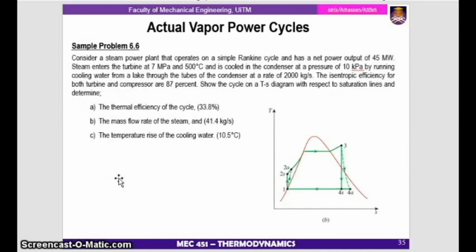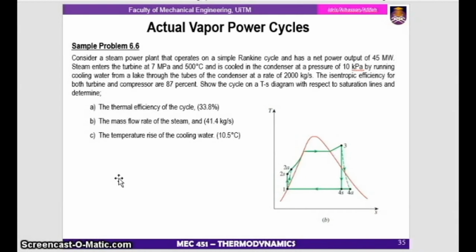Okay, let's look at how we calculate based on the actual vapor power cycle. Problem 6.6. Consider a steam power plant that operates on a simple Rankine cycle and has a net power output of 45 megawatts. Steam enters the turbine at 7 megapascals and 500 Celsius and is cooled in the condenser at a pressure of 10 kilopascals, by running the cooling water from the lake through the tubes of the condenser at the rate of 2000 kg per second.